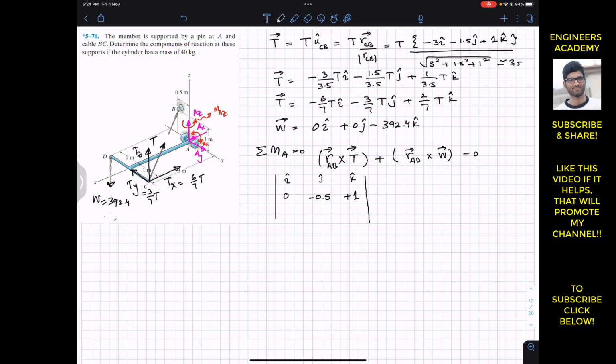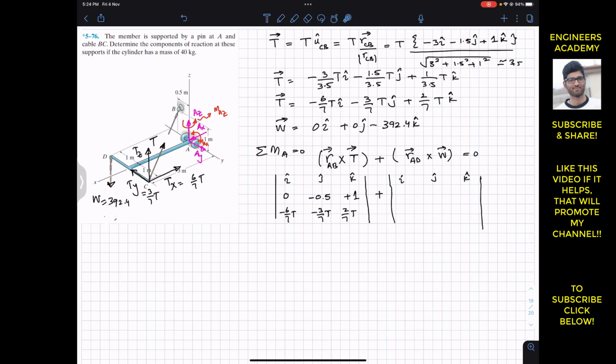And here in the third row, we will write the components of this T. So we will write minus 6 divided by 7, that is the x component of T, then the y component of T, and the k component of T, that is 2 divided by 7 T. Then we will write plus, and then again i, j, and k.